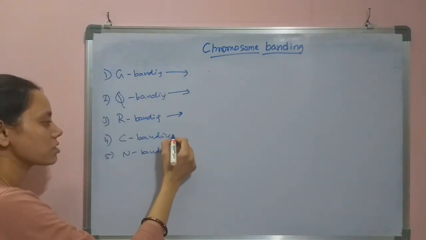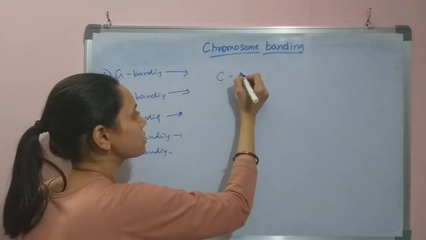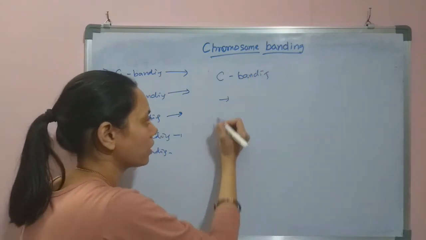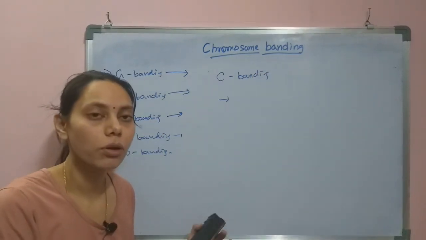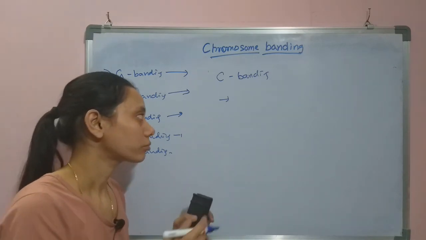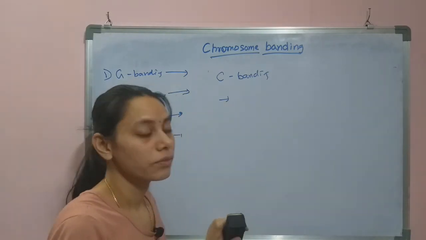Coming to the next type of banding, that is C banding. Here C banding is a banding technique in which the heterochromatin and euchromatin will be distinguished.